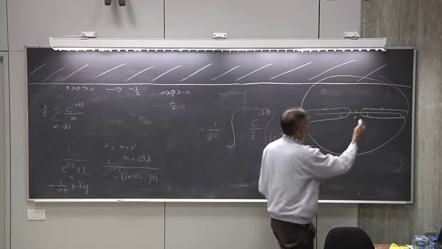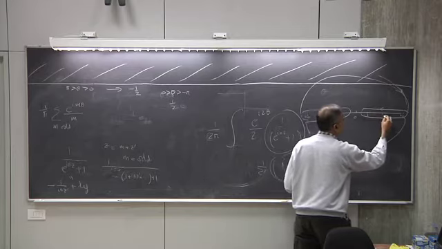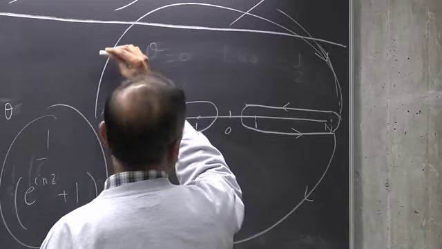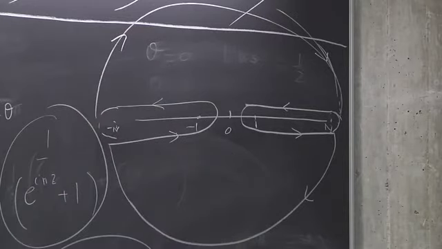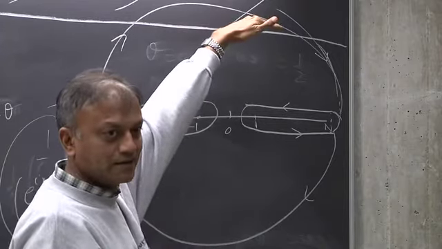So the contour now will become that. You come here, come here, then again come here, and like that. Consider this big contour, right? But of course, you can do that, provided you make sure that these integrals don't contribute.